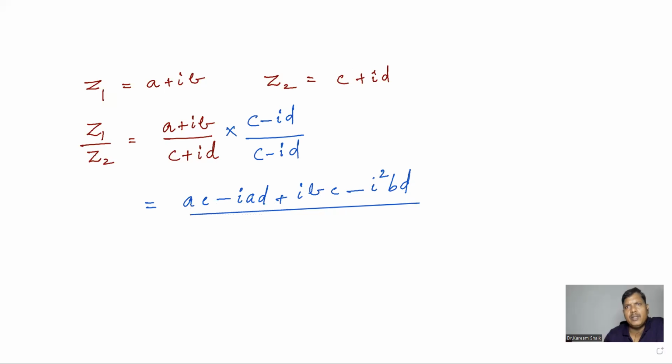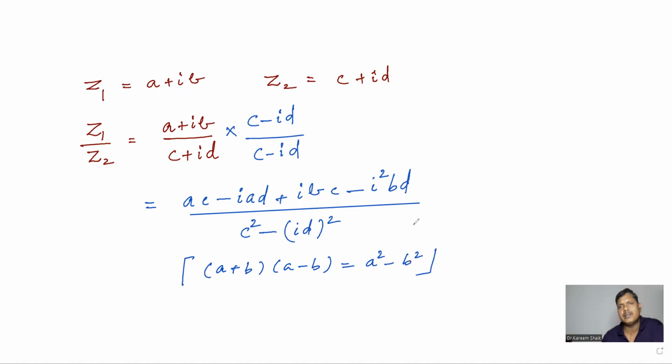Here observe the denominator. It is in the form of a plus b and a minus b. So can I write directly a square minus b square? Here that means c square minus iota d whole square. If you want, I will write the property: a plus b into a minus b equals a square minus b square, an algebraic identity.